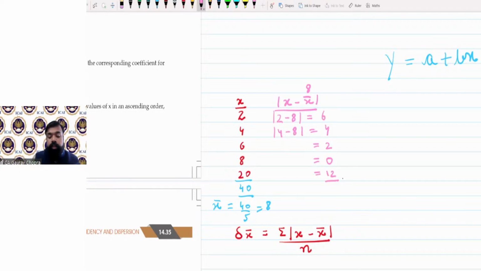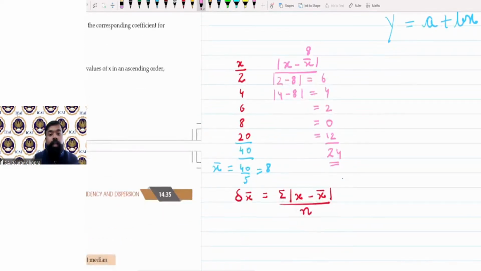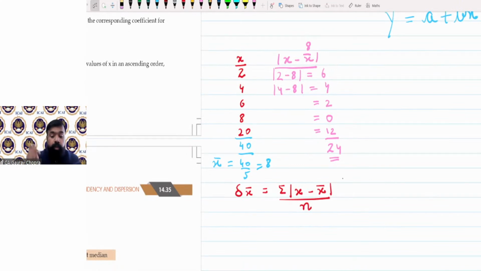The total is 24. Now we can apply the formula: 24 divided by n, n is 5. The result will be 4.8. This is mean deviation from mean.